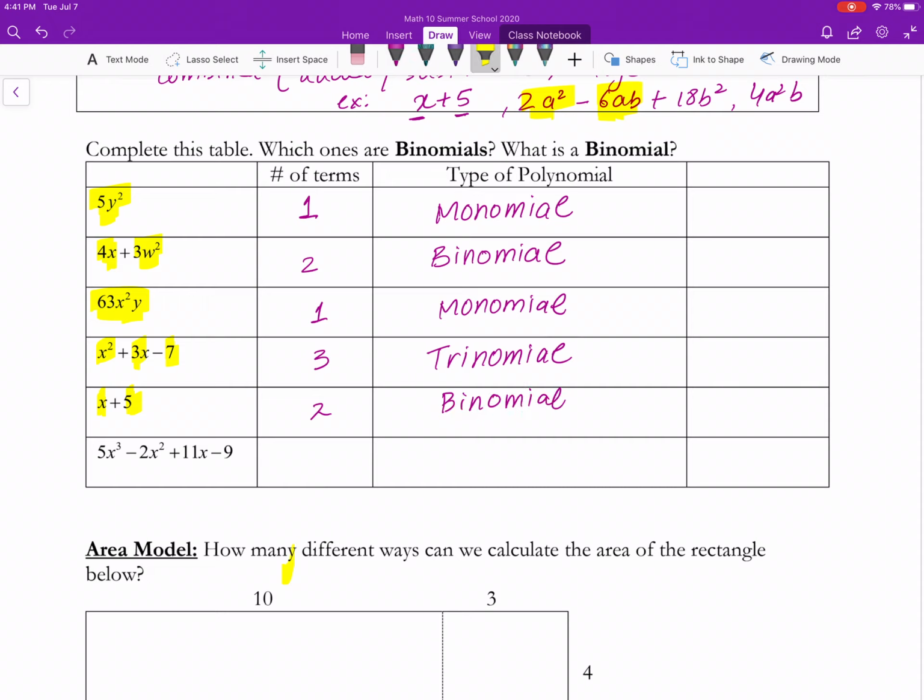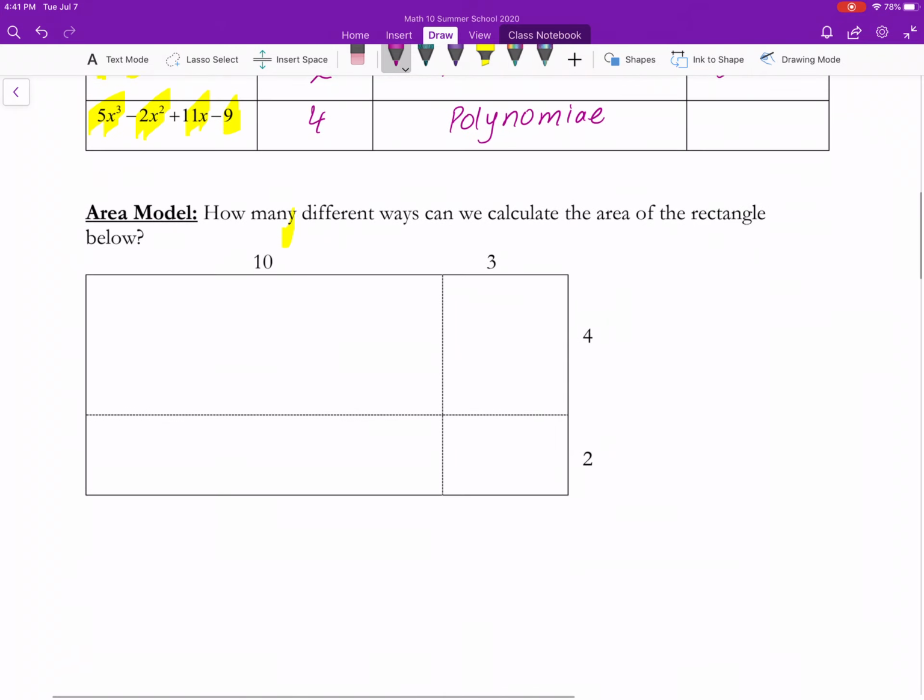And the last one, let's see how many terms are there. 1, 2, 3, and 4. So four terms. So when you have four terms, we call that a polynomial. Now which ones are the binomials here? I had 2, 1, and this one. These are the binomials.